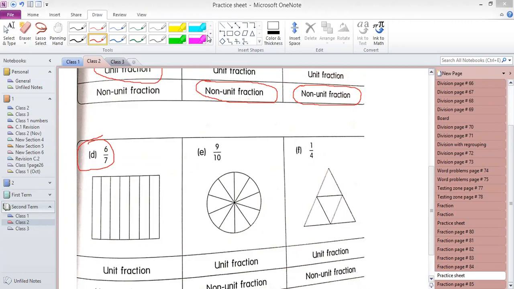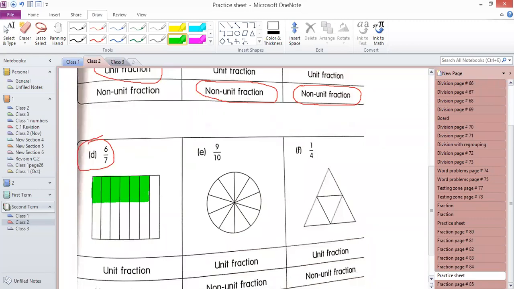Yes, sir. Yes, Hamza. To make it 6/7, how many parts should I color? 6 parts. Okay, if I color 6 parts, then it will become 6/7, right? Yes. Okay, tell me, 6/7 is a unit fraction or a non-unit fraction? Non-unit fraction. Okay, that's fine.